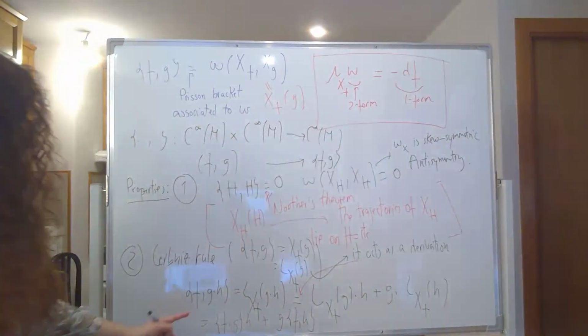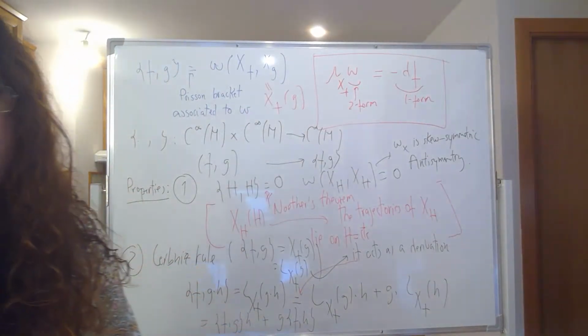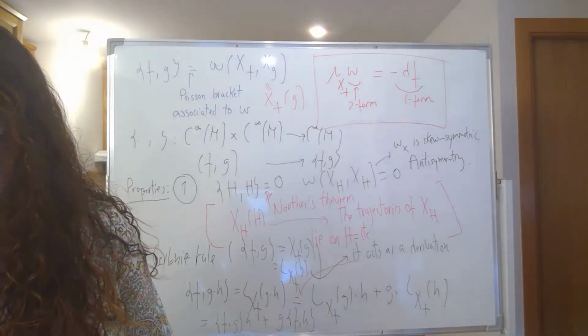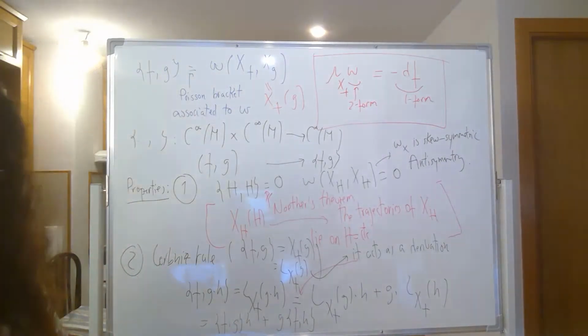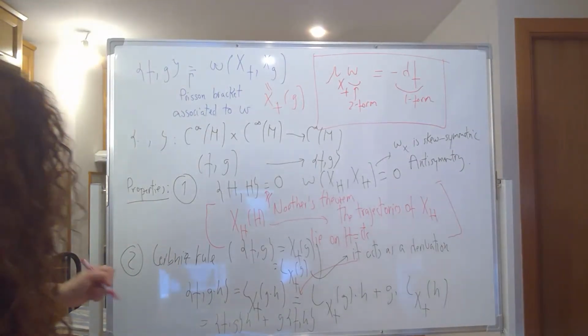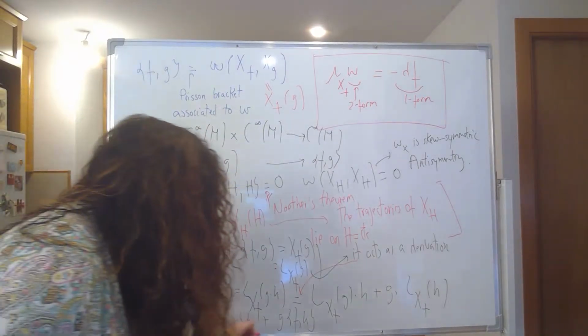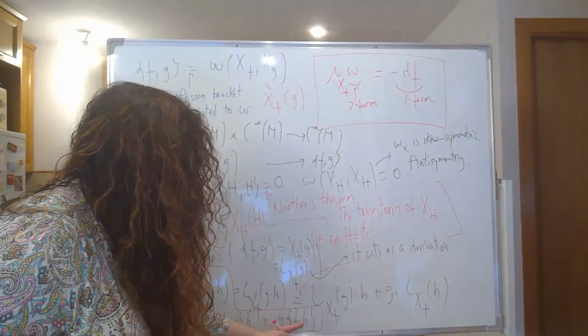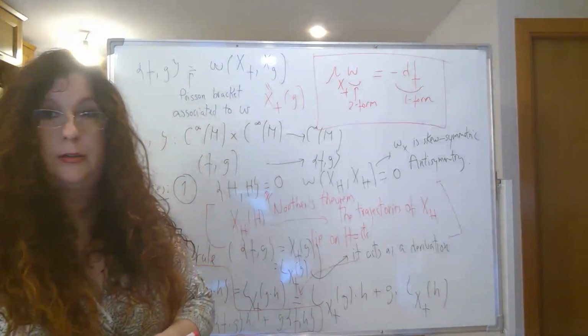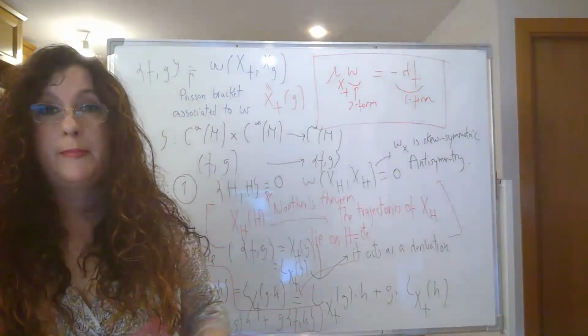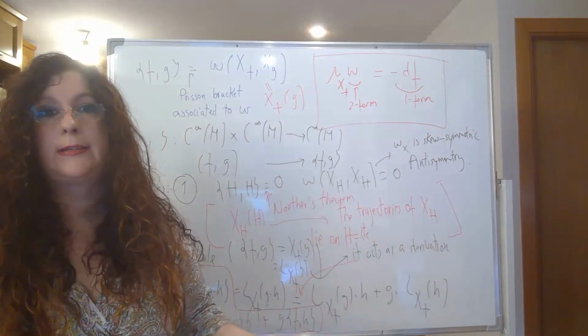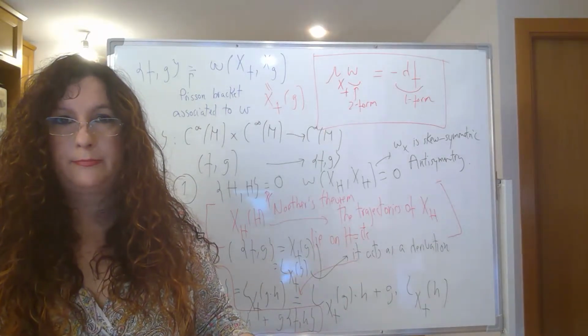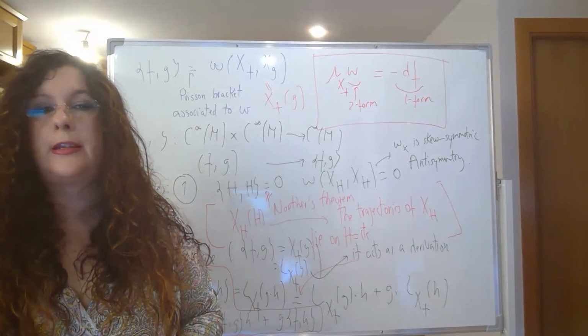All right, that's the formula. You can read this formula. Yes, I can see it on my screen. That's the formula that I can call Leibniz rule. If I put the g multiplying before or after this bracket, it is the same because the product of functions is commutative. Any questions at this point?